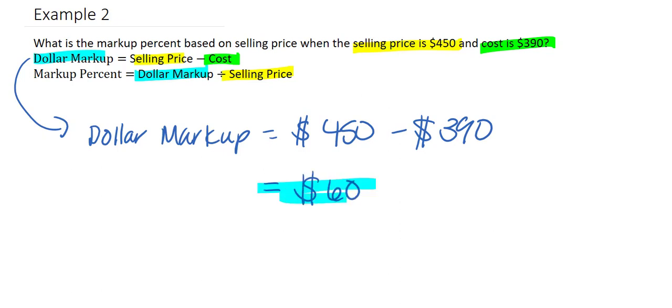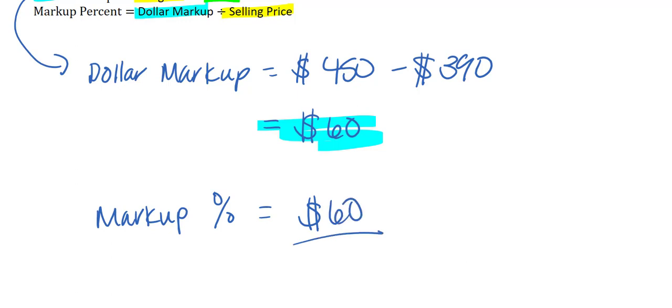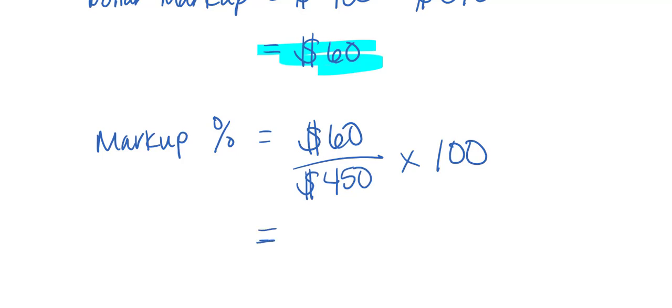So this $60 is now going to be in the second equation, which is the markup percent. So now we have $60 divided by the selling price, which is 450. And remember, we're going to get a decimal here, so we need to multiply whatever we get by 100 to get our markup percent.